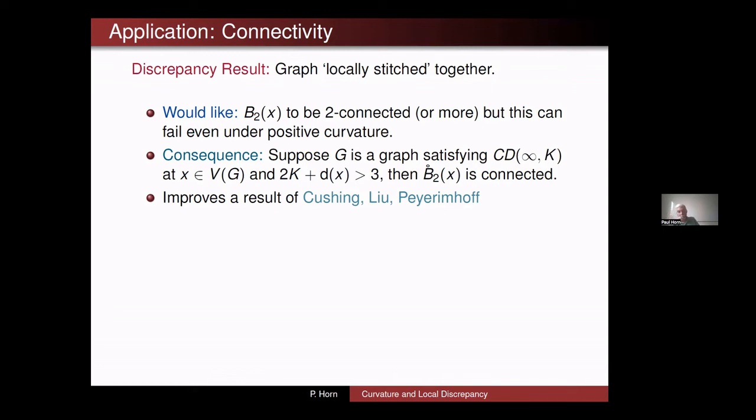And this actually improves a result of Cushing-Lewin. I can't pronounce his name, and I apologize to him. It's not going to happen this morning. But it improves the result where they showed that if you were non-negative, you got this.